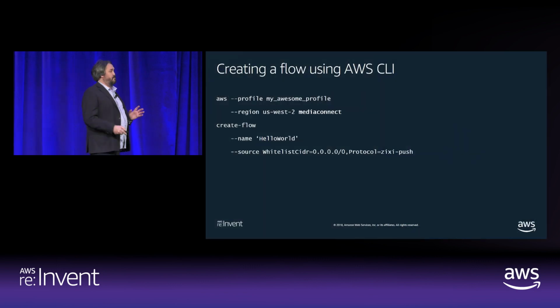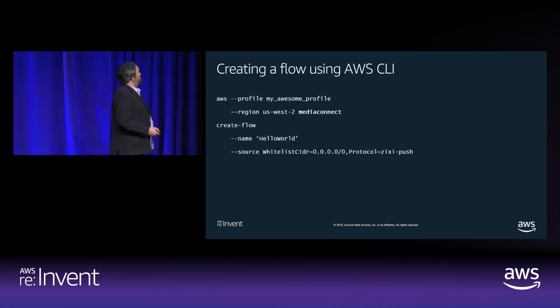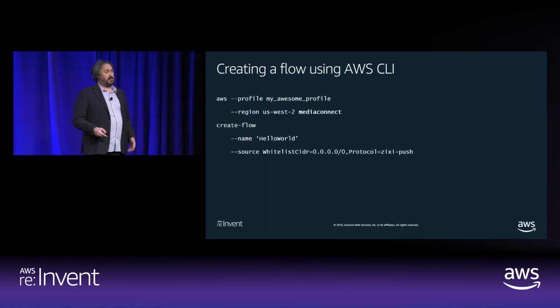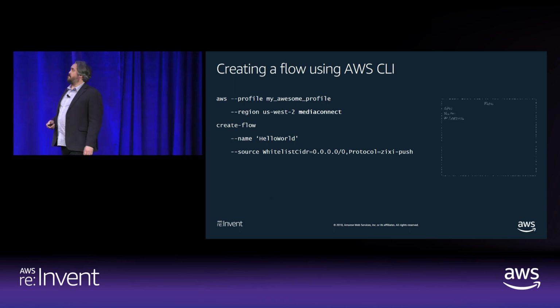So a couple of really simple CLI commands. So the service is called MediaConnect, and so the command is AWS space MediaConnect. And in this case, we're using a create flow and a very simple hello world example. And I'm actually going to do a demonstration here in a bit that will show an example of this.